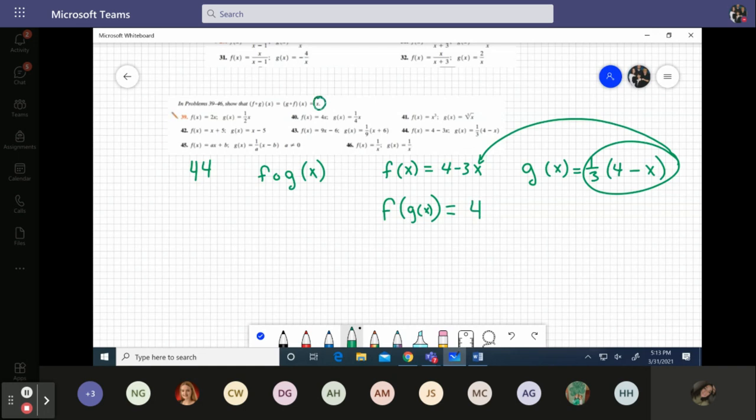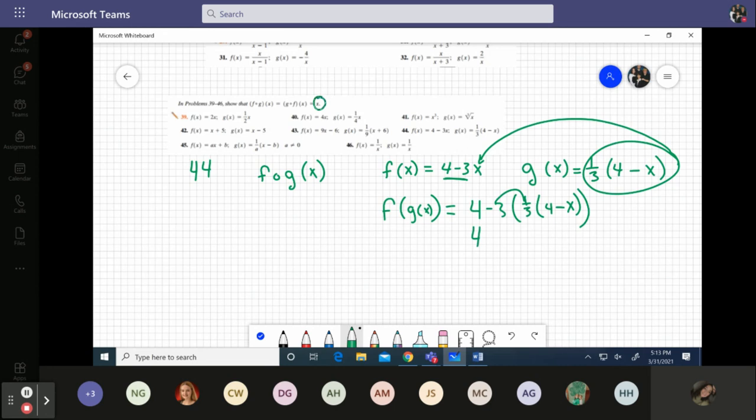So I have 4 minus 3, that part right there, but instead of x, I have 1/3 times 4 minus x, right? So 3 times 1/3 gives me a 1.